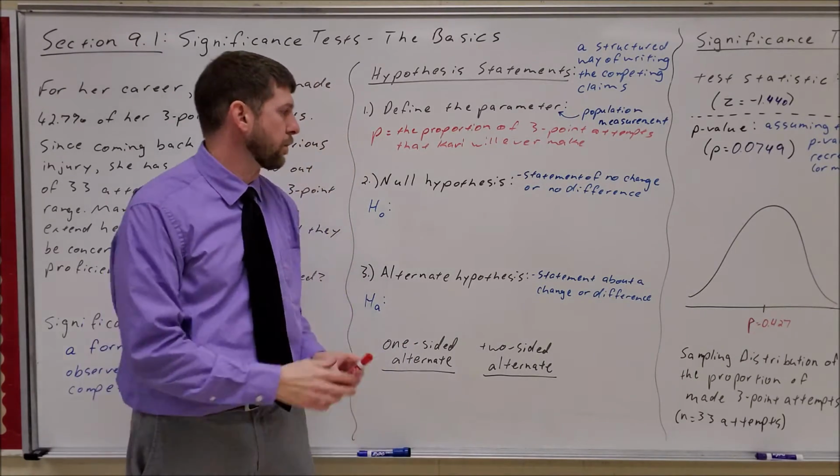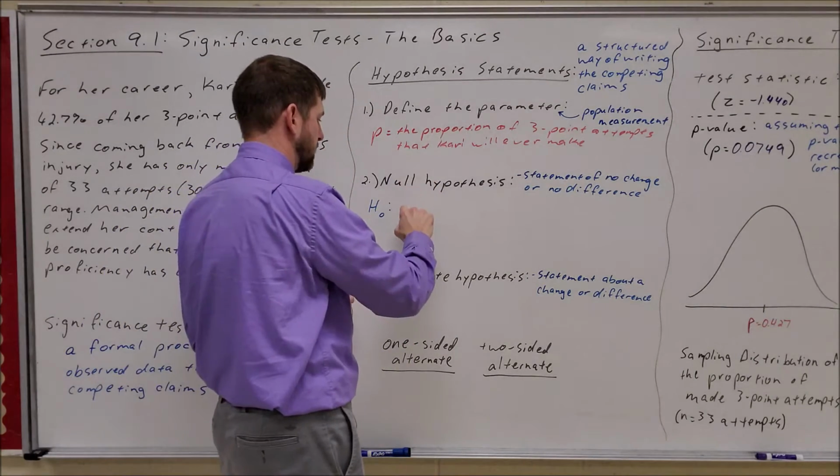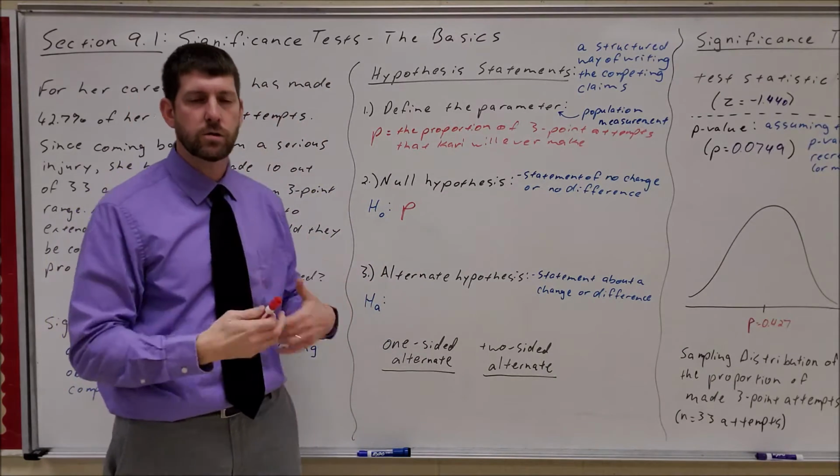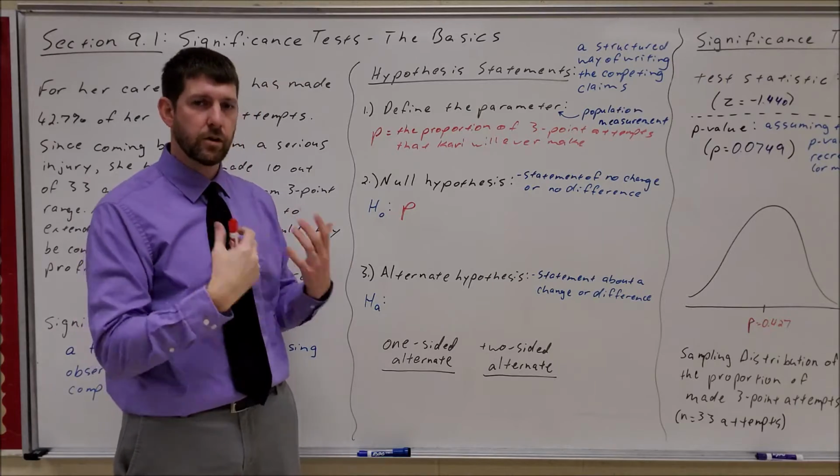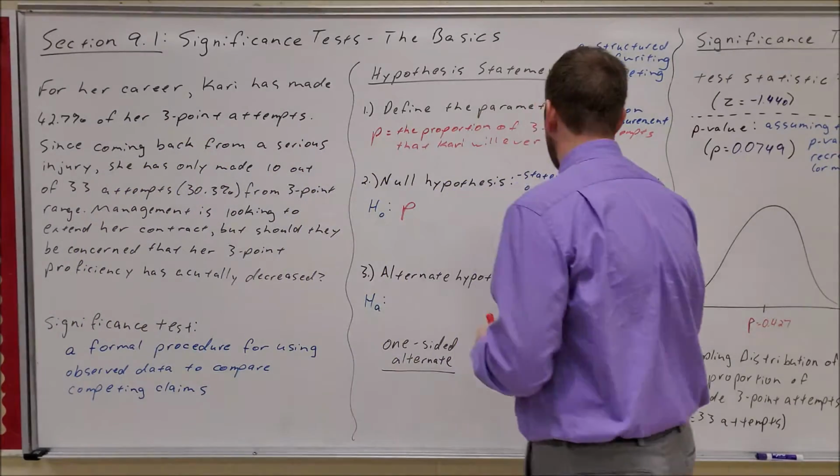So we're going to use our parameter, p, and if it's no change, no difference, if we're saying, okay, you guys are right, then you're always going to use an equal sign.